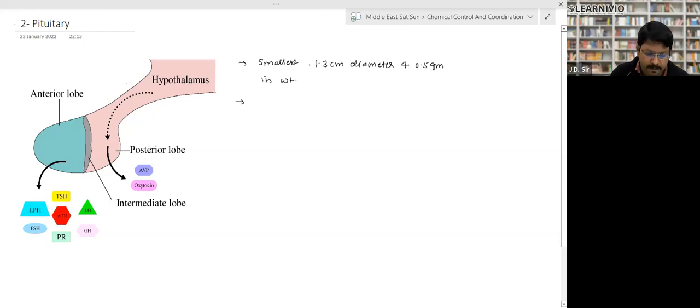Next, it has three lobes: anterior, intermediate, and posterior. So the first heading will be anterior lobe.